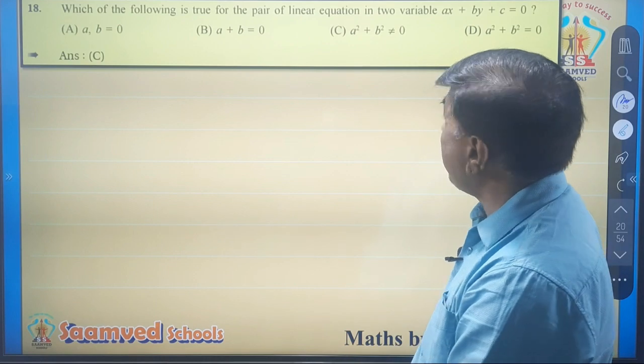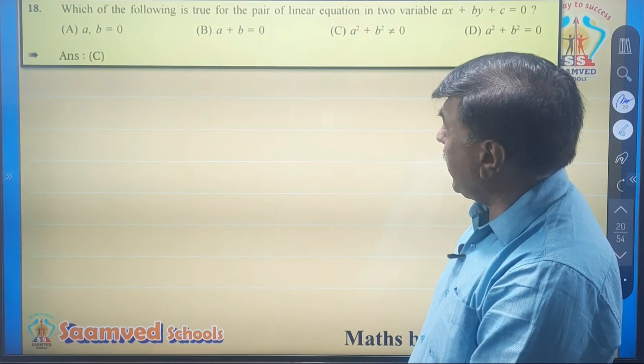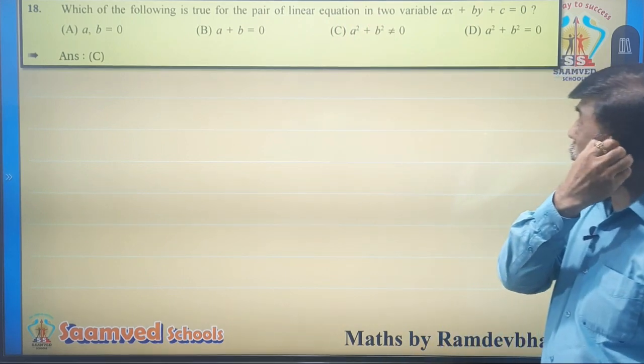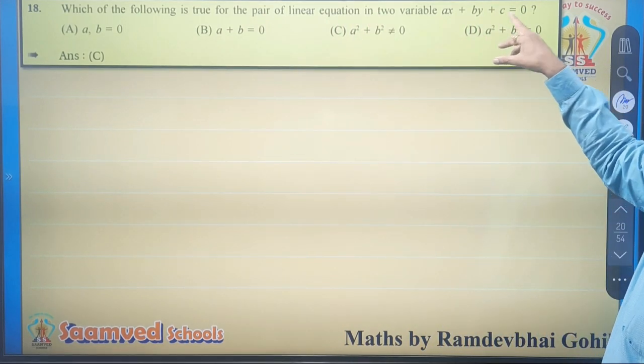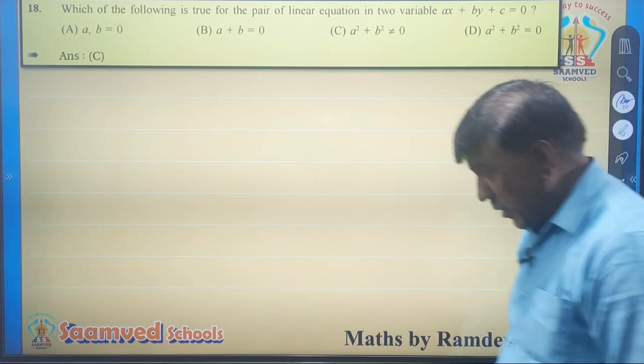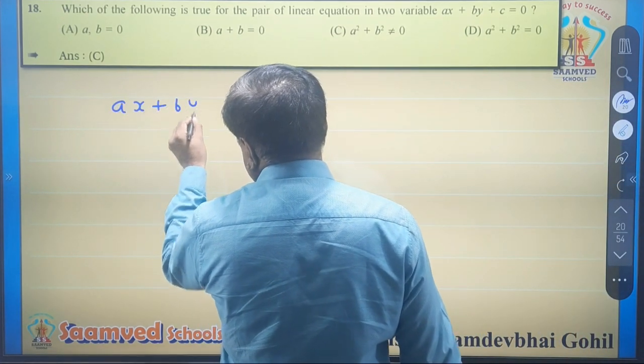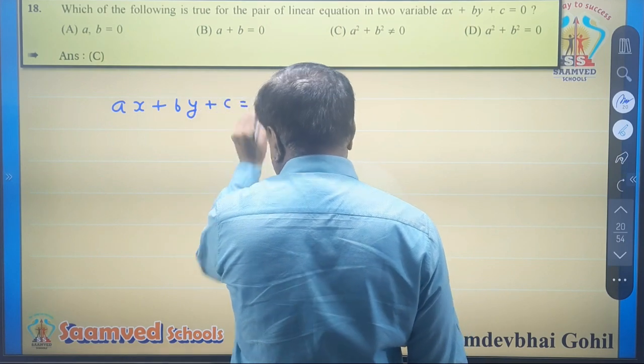18. Which of the following is true for the pair of linear equations in two variables ax plus by plus c is equal to 0?